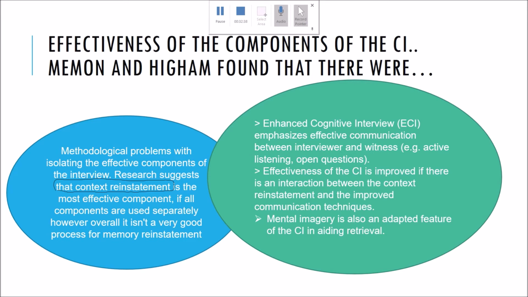Now, this review did look at some research that used children between 5 and 8 years, and they had isolated the context reinstatement, the change perspective and the change order parts, and they compared children interviewed about what they had witnessed using just one of those 3 parts of the cognitive interview against a control group of children who were just told to try harder in recalling information.